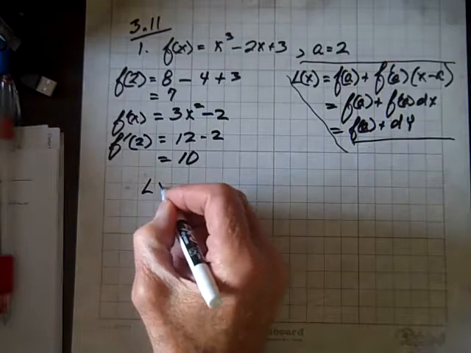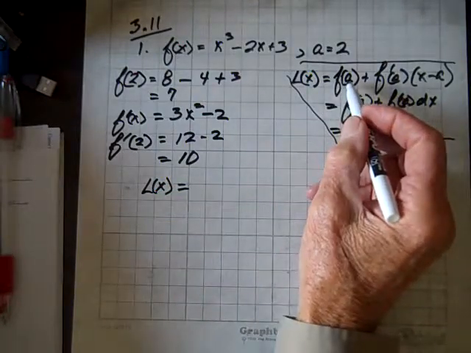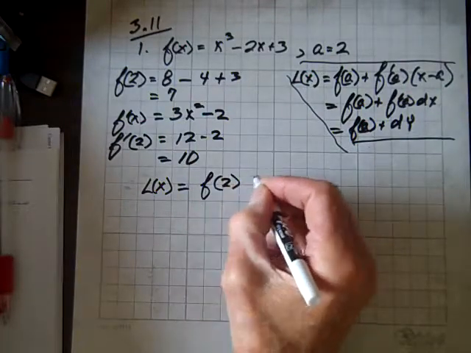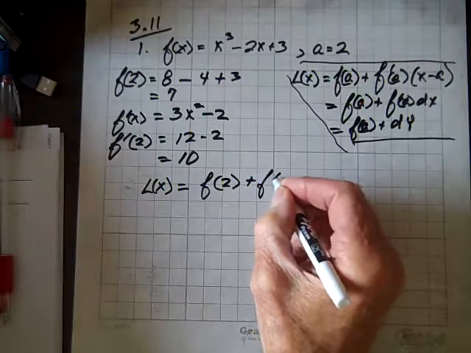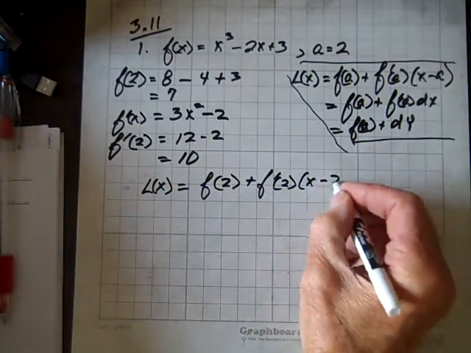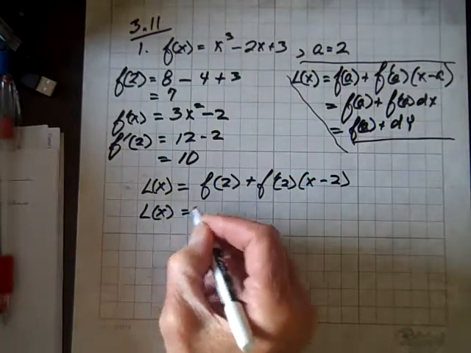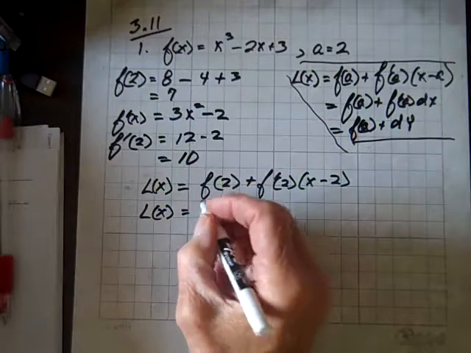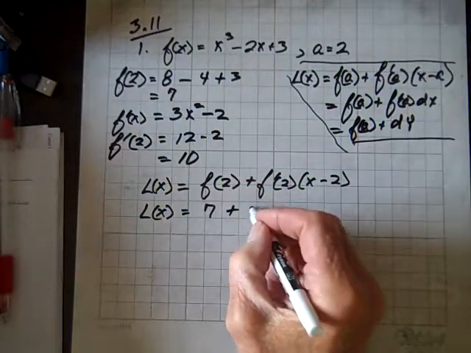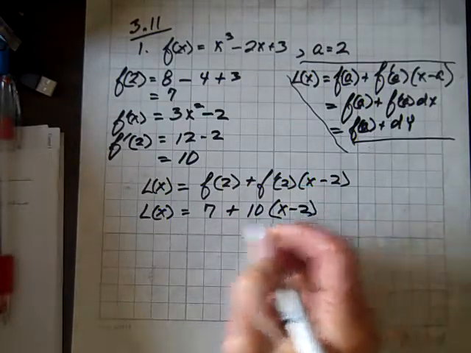So L of x equals, we can make our substitutions, f of 2, in fact, let me write it down this way, f of 2 plus f prime of 2 times x minus 2. Okay, so L of x equals, and f of 2 is 7, plus f prime of 2 is 10, so we'll put a 10 here, times x minus 2.